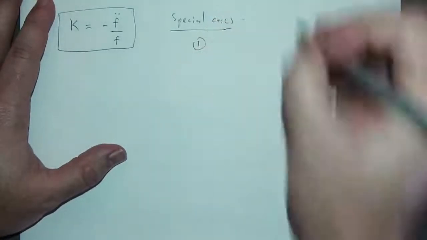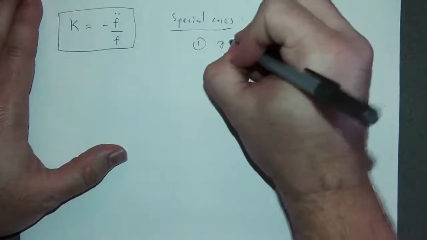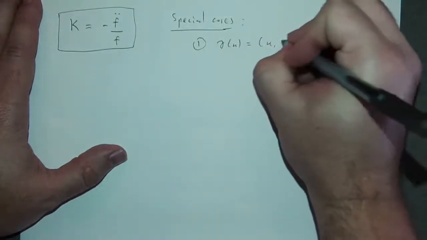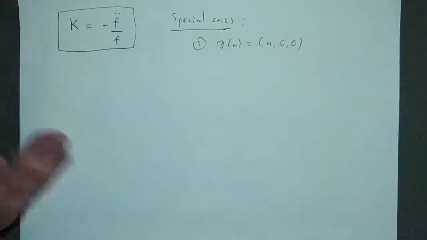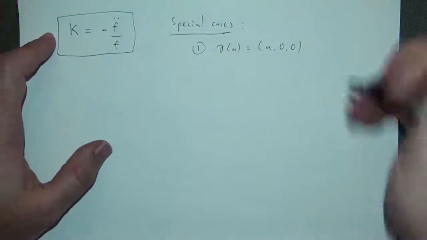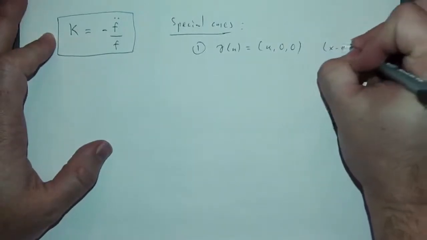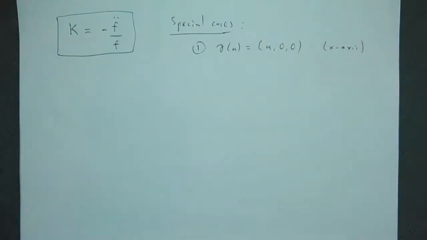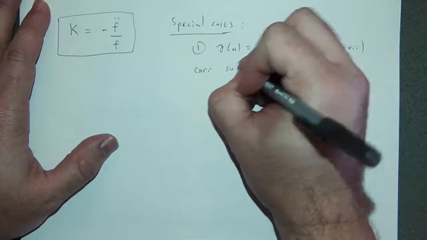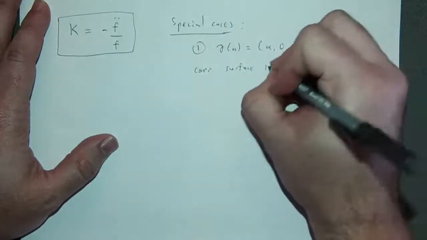Well, first special case, what if I take my profile curve gamma of u to be just u, 0, 0 here? So this is my profile curve, this is just the x-axis. Then this surface of revolution is just the xy plane, so the corresponding surface is the xy plane.